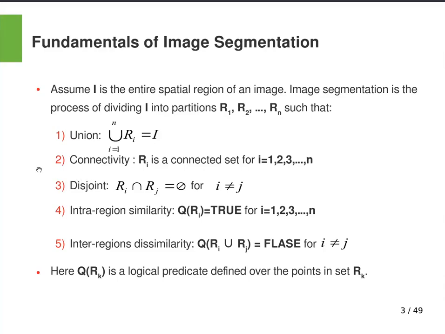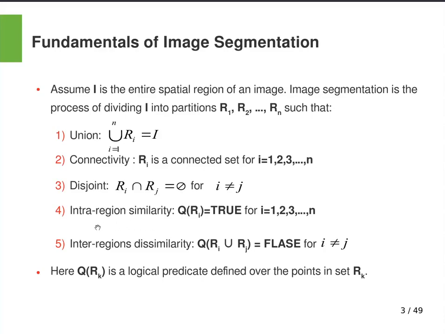Each one of these individual regions is considered to be a connected set, and you can refer to one of the earlier lectures of the course when we were talking about connected sets. The other property is with respect to their intersection. The intersection of Ri and Rj for any i and j that are not equal is going to be the null set. So there is no intersection between these regions.